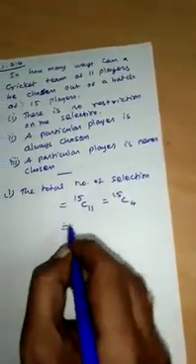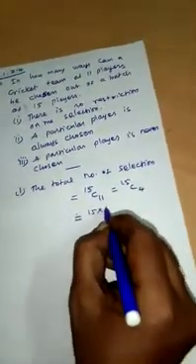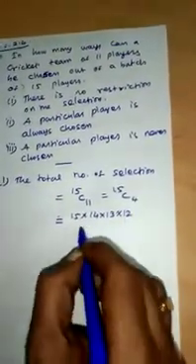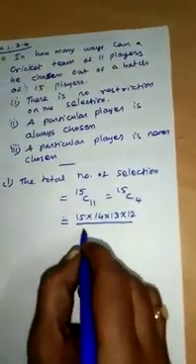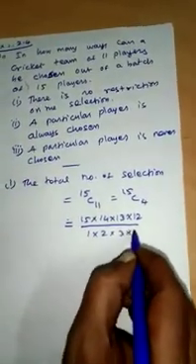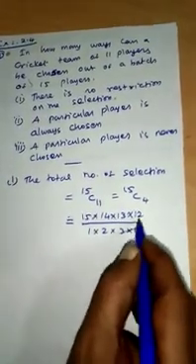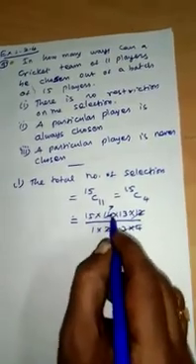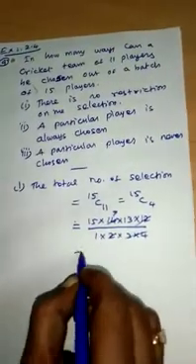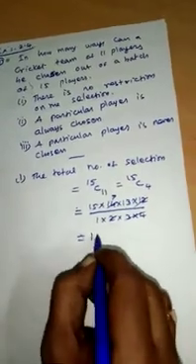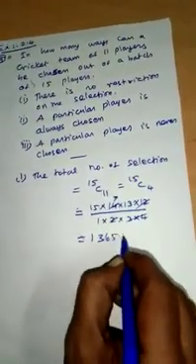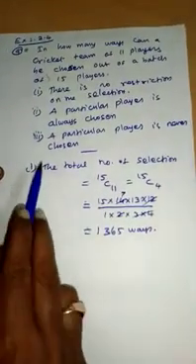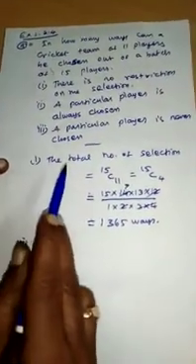That's equal to 15 into 14 into 13 into 12, 4 numbers, by 1 into 2 into 3 into 4. 4 into 3, 12. 7. When we multiply 15, 7 into 13, we get 1365 ways.